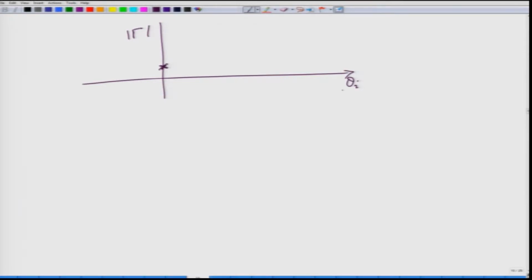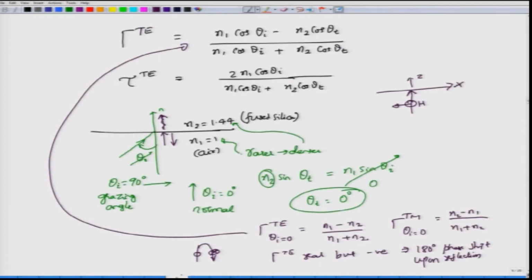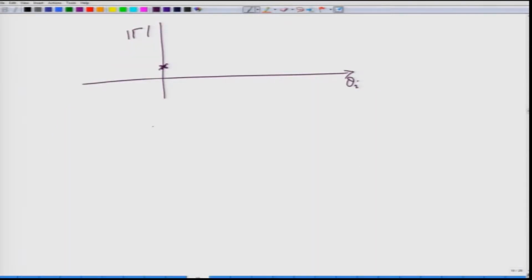And then as theta I is increased, you can use these equations, okay, and in these equations you can actually convert this gamma TE or gamma TM into a function only of theta I by expressing cos theta t in terms of N1, N2 and sin theta.